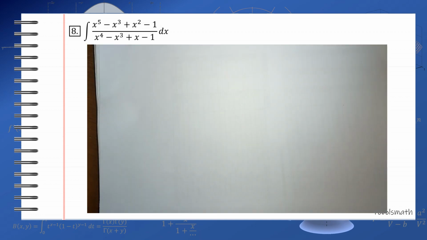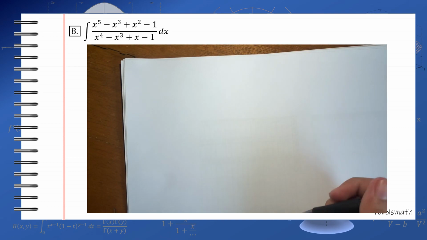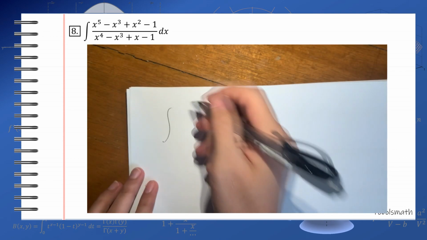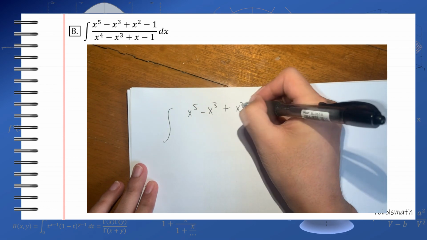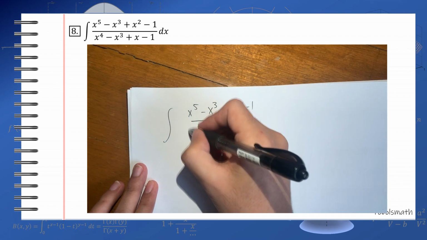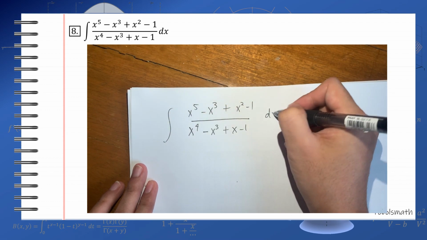Next, number 8. So we are looking for the integral of x to the 5th minus x cubed plus x squared minus 1 over x to the 4th minus x cubed plus x minus 1 dx.